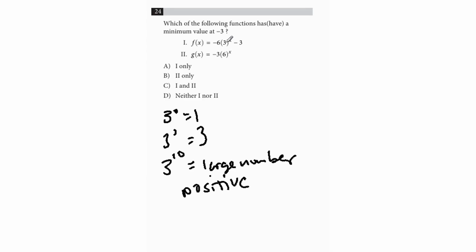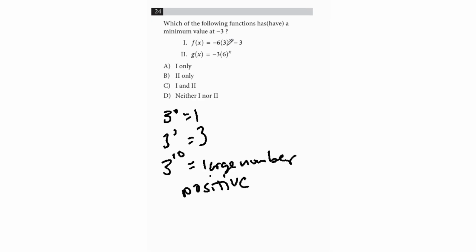Whatever these are, they're going to be multiplied by -6 in the first one. So 3 to the power of 0 or 1 or 10, whatever it may be, is an increasing, positive value. But when it's multiplied by a negative, it becomes an increasing negative value, or in a sense, a decreasing value.